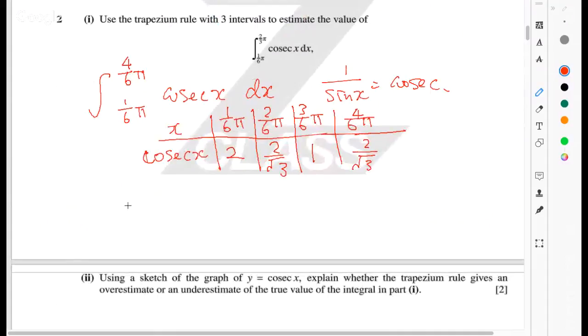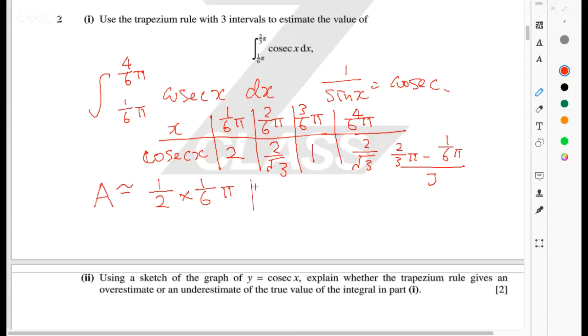Then we just need to use our formula for the Trapezium rule. So A is approximately equal to a half times the width of the trapezium. The width should be calculated as 2 over 3 pi minus 1 over 6 pi, over the number of intervals, 3, and we calculate that to be 1/6 pi.